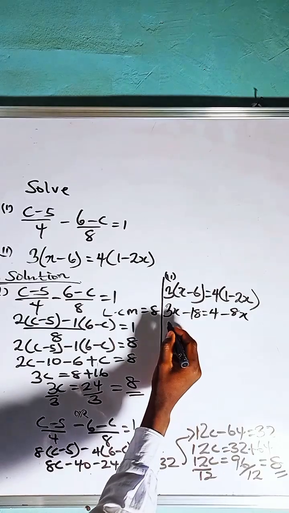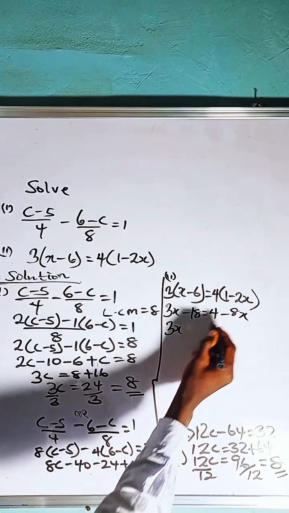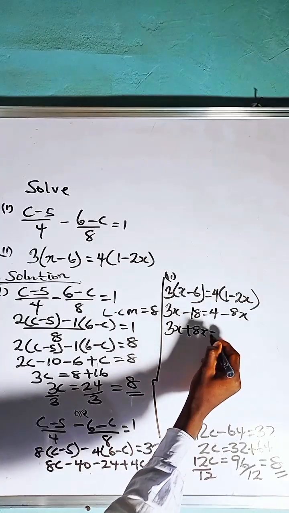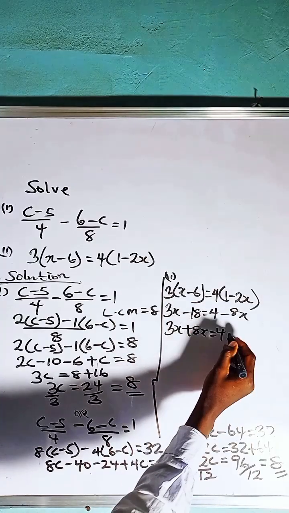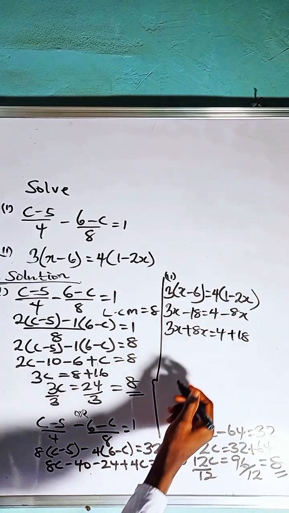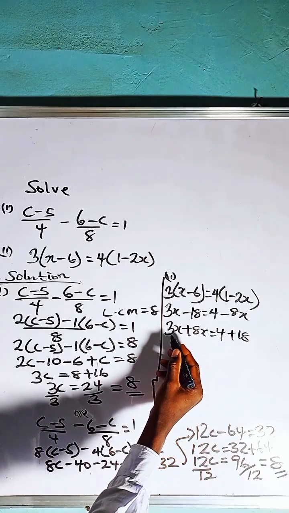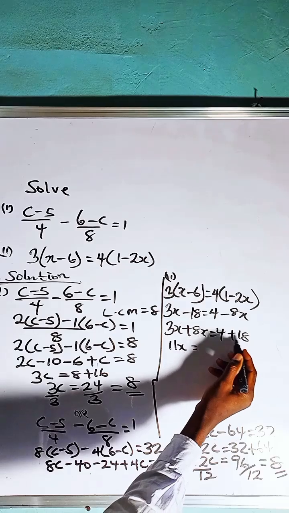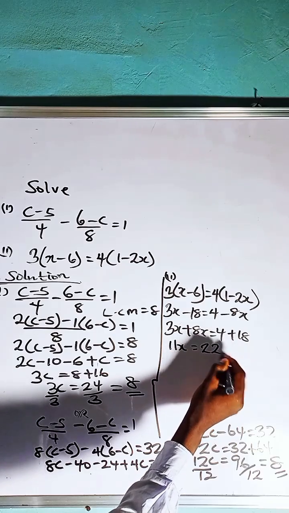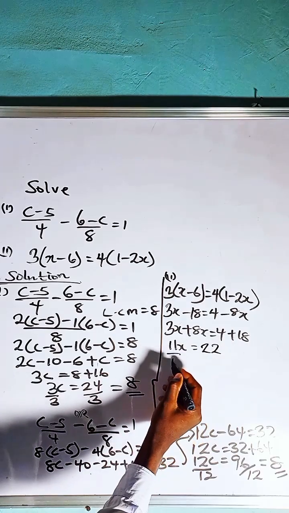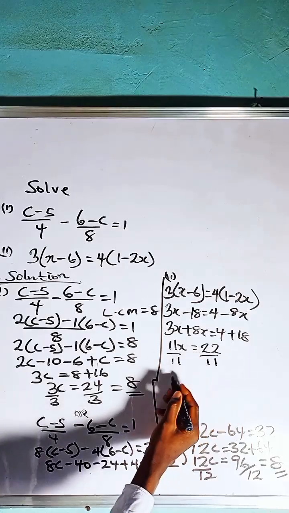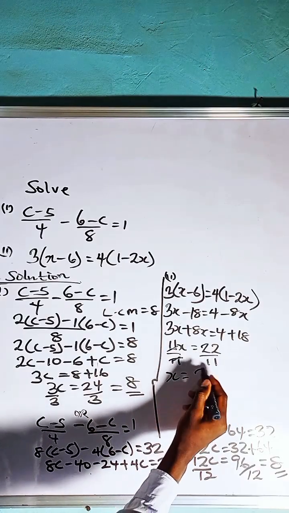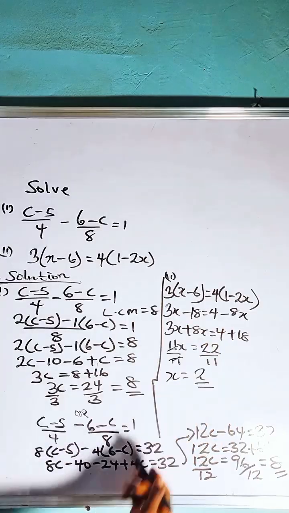So we collect the like terms: we have 3x plus 8x, and we add 18 to this side of the equation. So 3x plus 8x is 11x equals 4 plus 18, which is 22. The next thing we do is divide by 11. When we do that, we have the value of x to be 2 in this equation.